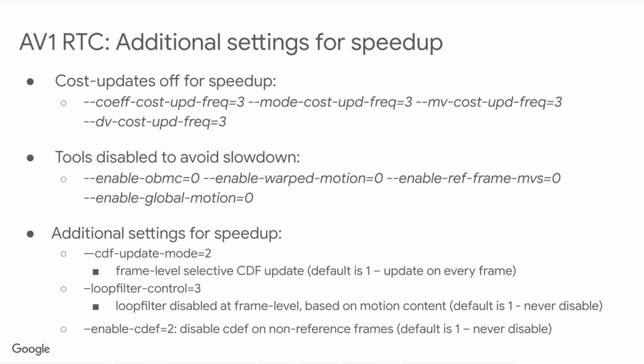We also have a loop filter control parameter where, again, the default is 1, which means the loop filter is never disabled, but we have a mode equal to 3, where we can disable it at the frame level based on the motion content, frame by frame, during the encoding. And finally, there's a CDEF parameter. Again, the default enabling CDEF is 1 for RTC. We use CDEF all the time, but there is a mode, I think it's level 2, where we disable the CDEF on non-reference frames, and that's useful for temporal layered coding.